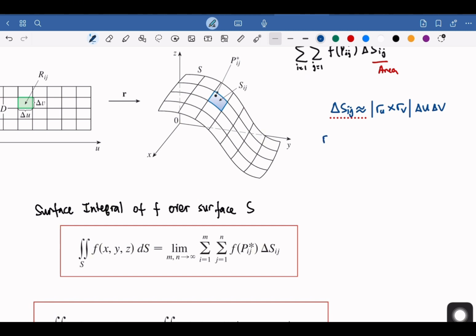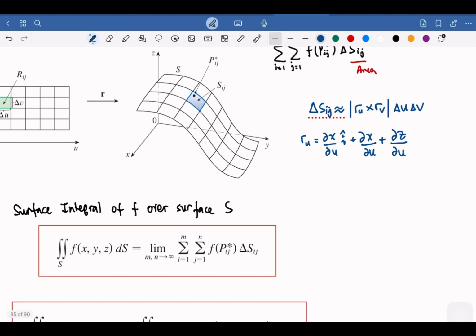where the Ru is the partial derivative with respect to u. So it means that the u and v can be any parameter. Depends on conditions. It could be perhaps, if you learn sphere, you have two types of angle. You have theta and phi, and you can also use that as well.